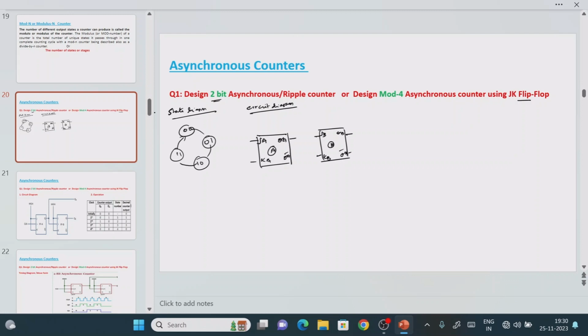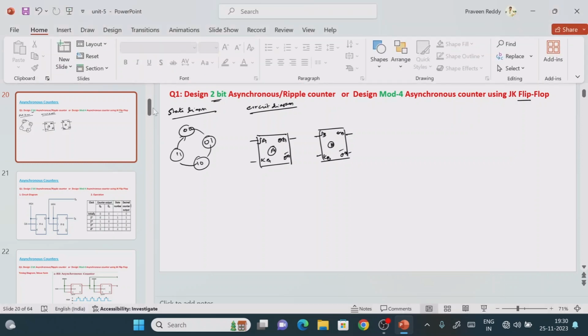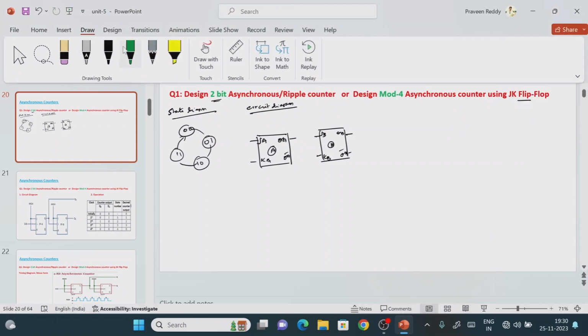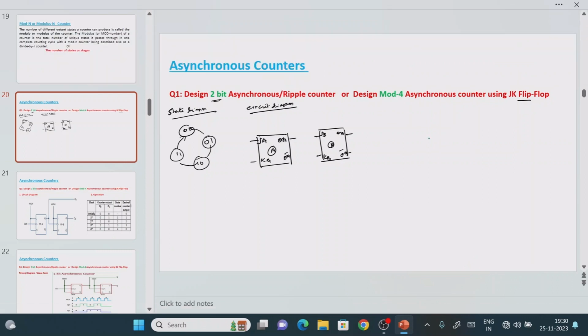Now we have the clock pulse also, right? Now based on applying the clock pulse, I have explained 2 things, right? One is called the synchronous counter, another one is called the asynchronous counter, right? So for this one I am considering the negative edge, for this one I am considering the negative edge. Now what is called an asynchronous counter?